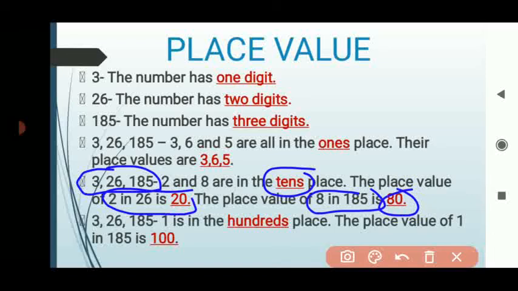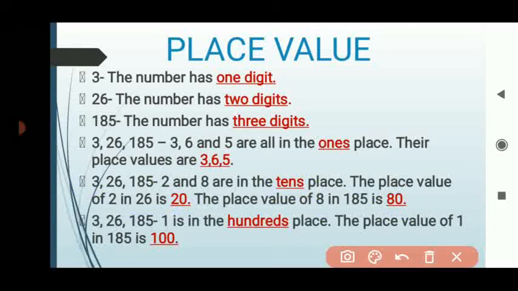So 2 in 26 is 20 and 8 in 185 will be 80. Now 3, 26 and 185. What is the place value of 1 in 185? We can see 1 is at the hundreds place. So the place value will be 100.